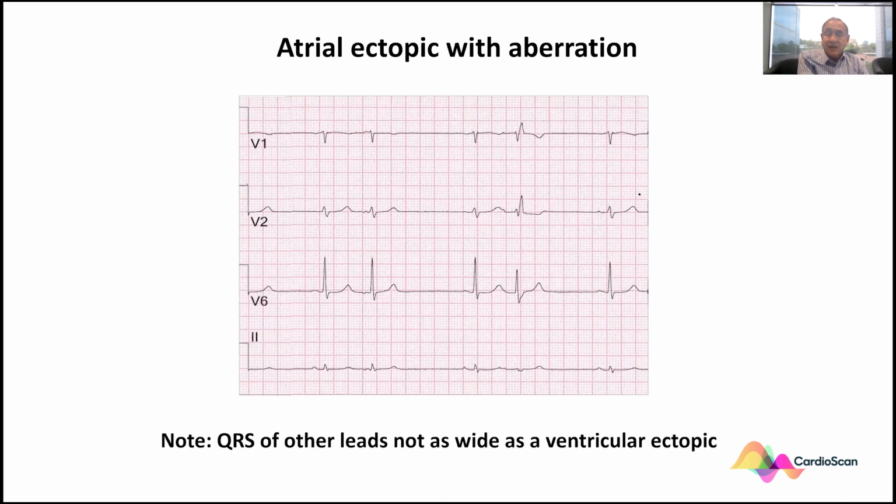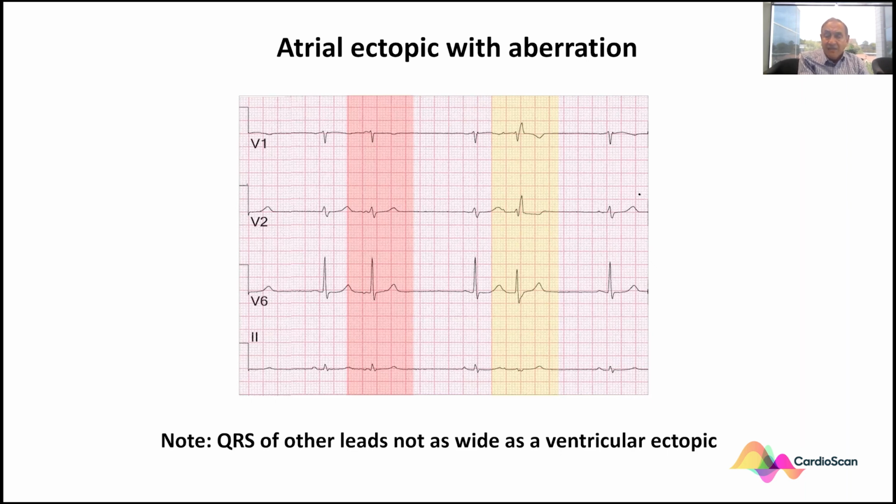Have a look at this electrocardiograph, and you can see that on the left there is an atrial ectopic with a normal QRS. To the right, however, one can see that now it is widened, but it's particularly widened in V1 with an RSR QRS, whereas in V6, it looks very much like the narrow QRS that was shown in the red highlight.